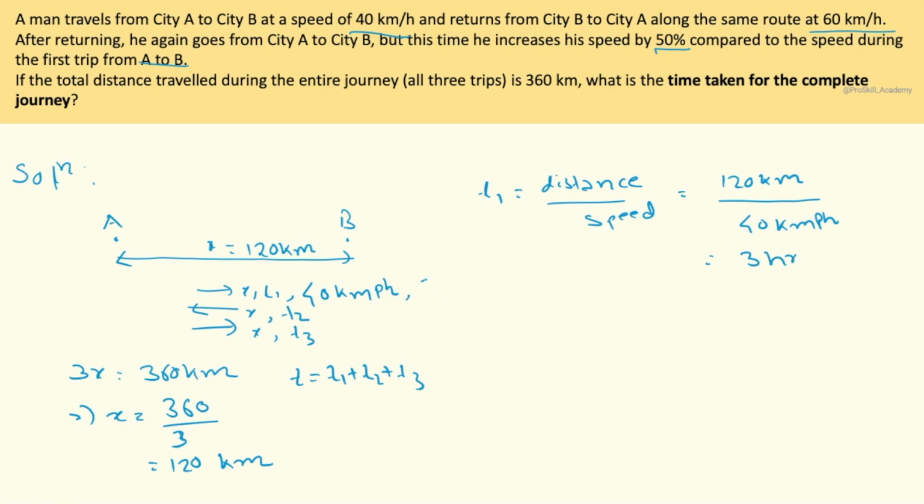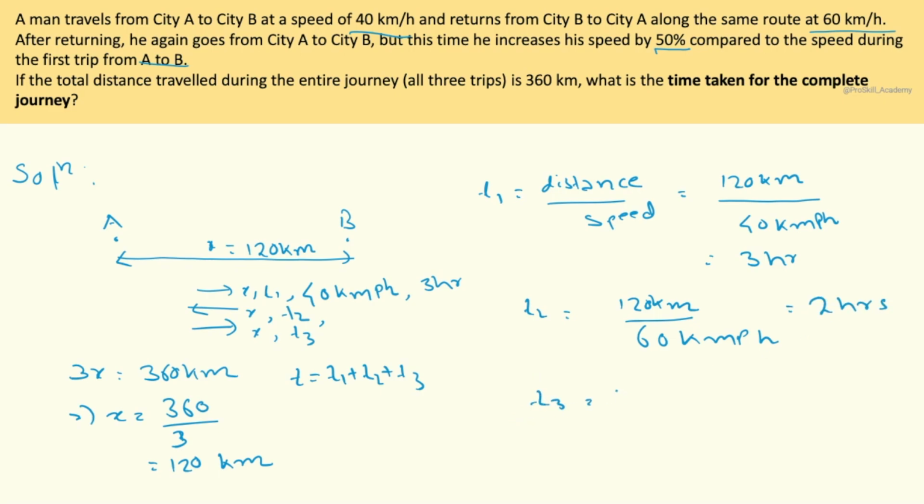So I can write here 3 hours. Now again t2 would be equal to 120 kilometers divided by 60 km/h, which would give me 2 hours.